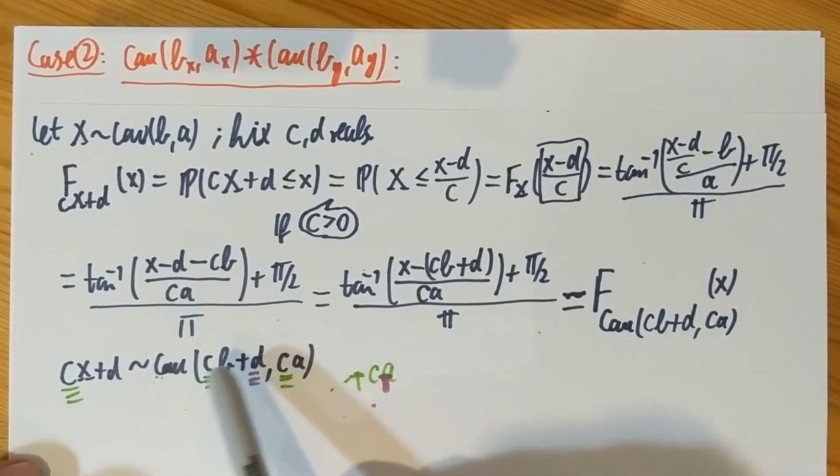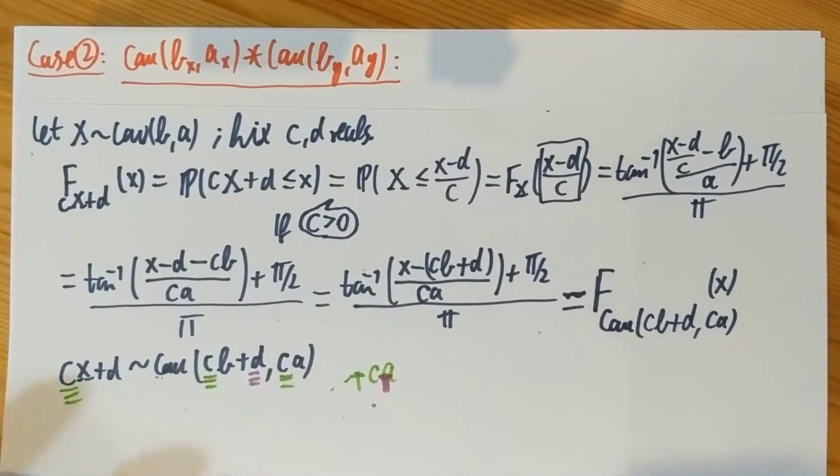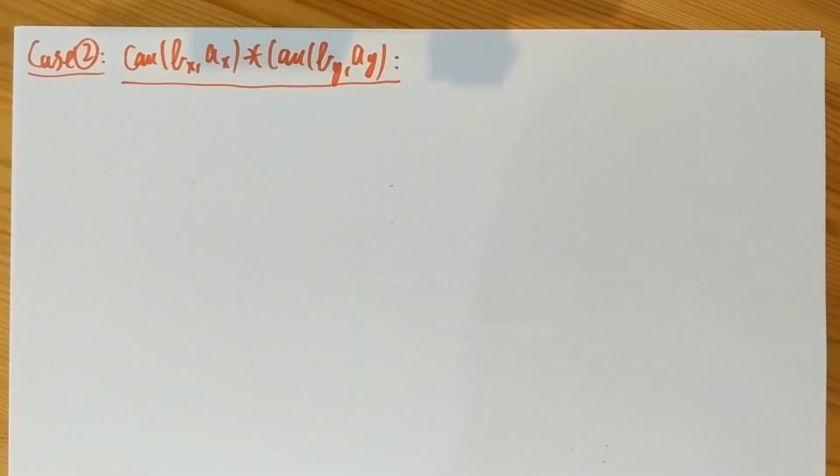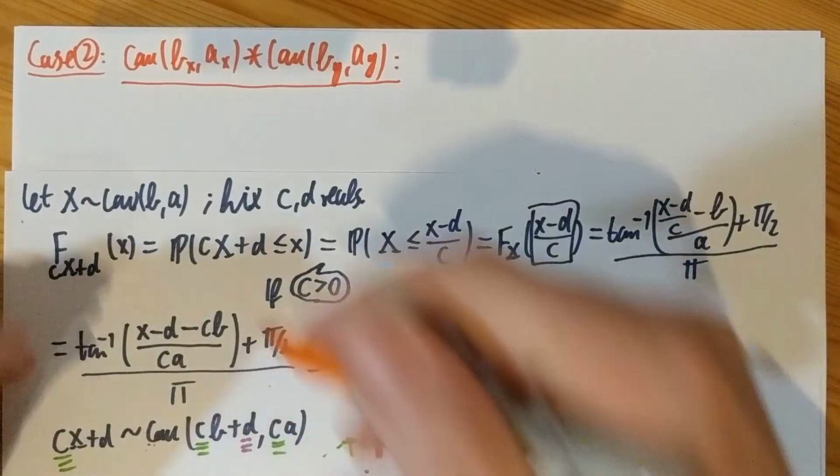Now I don't care about c for this proof, I'm just going to shift things, so I'm just going to add these. Namely, I want to make these into Cauchy 0, a.